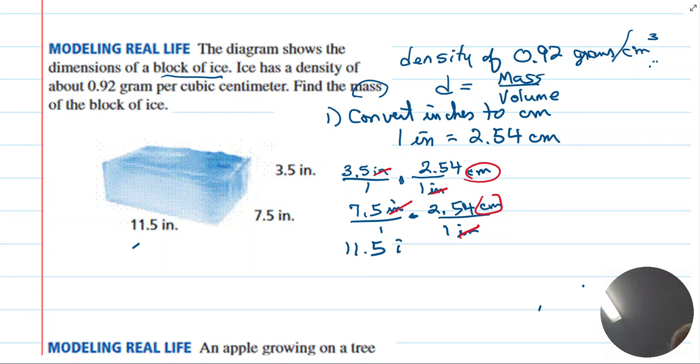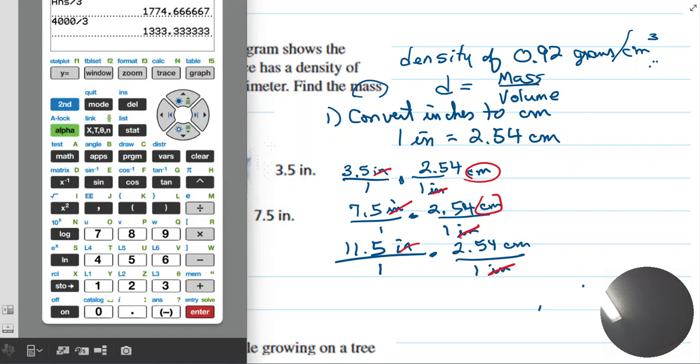And again, those cancel, and everything else is by calculator. So here we go. In our calculator, we're going to put 3.5 times the 2.54. We have the 7.5 times the 2.54.